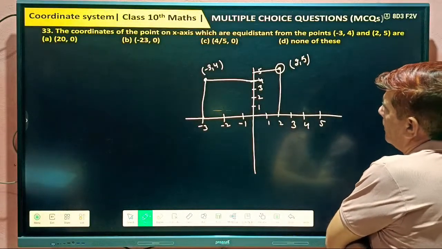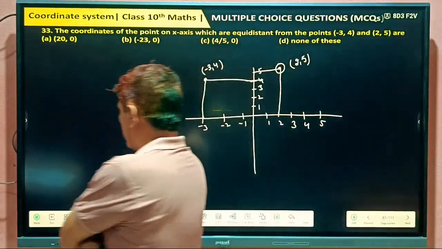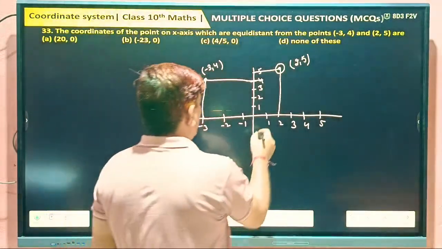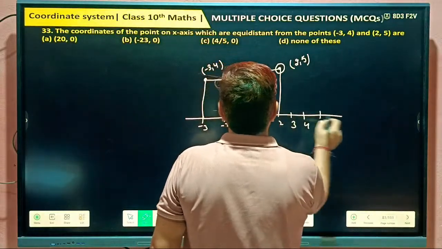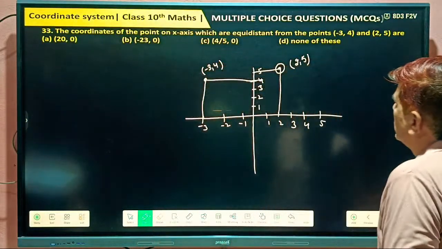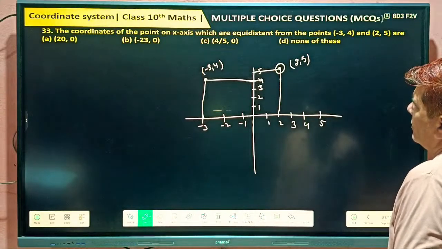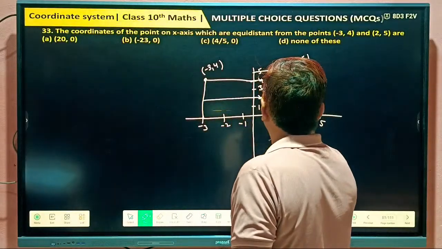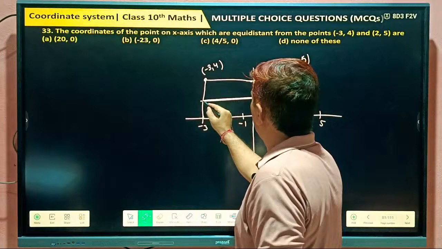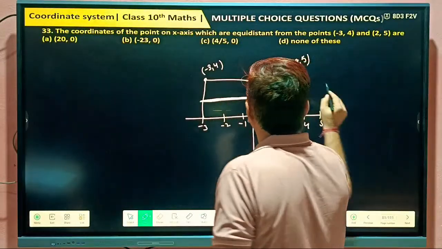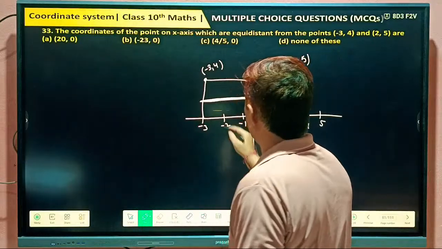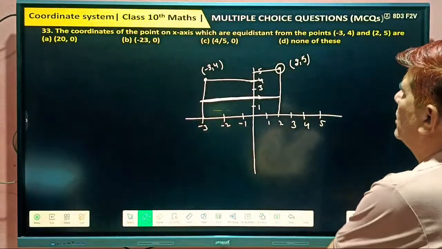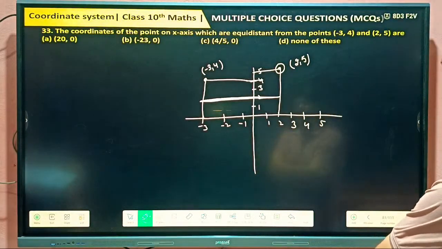On the x-axis means its y coordinate is 0, meaning that point is lying on it. Where is that point? Check this distance: 1 unit, 2 unit, 3 unit, 4 unit, 5 unit.